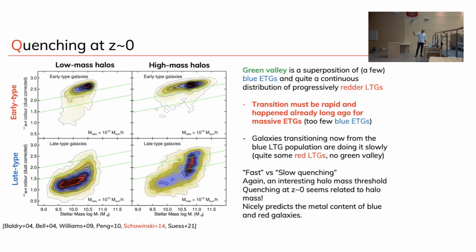Whatever is quenching at the moment is happening in, these blue objects here are probably just on the way to quenching, but they do have some star formation, probably supported by some gas accretion at these low masses. While here you see that all the objects that are transitioning, that are late type, are actually doing that at very massive levels.